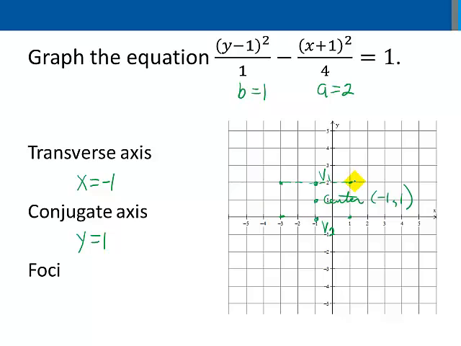Okay, I'll draw the box. Draw in the asymptotes that go through the center and through the corners of the box. Finally, graphing the hyperbola by going through the vertices and approaching the asymptotes.